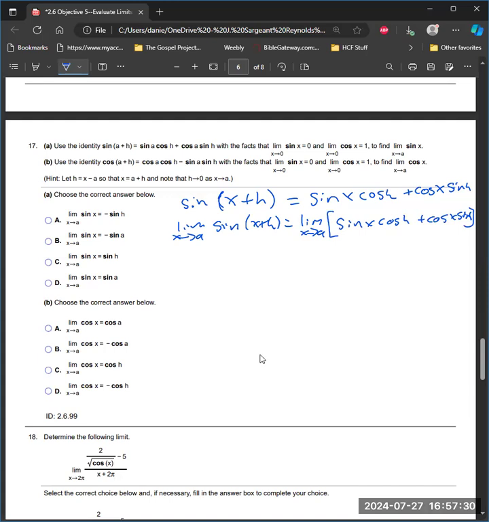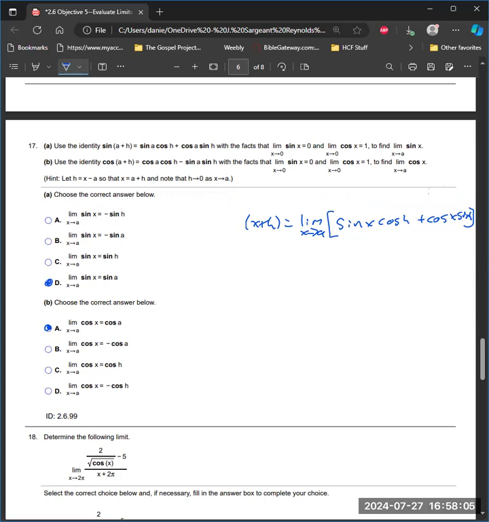So this is going to be, sine is going to be continuous at a, so we're just going to get d. Cosine is going to be continuous at a, so we're going to get this one. I don't know why we needed to know these identities. Don't worry about all that.